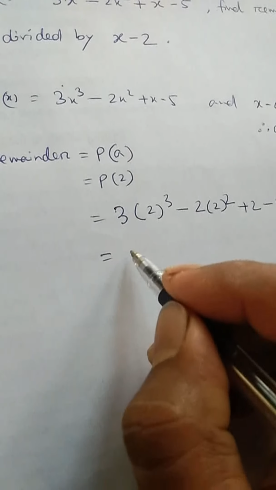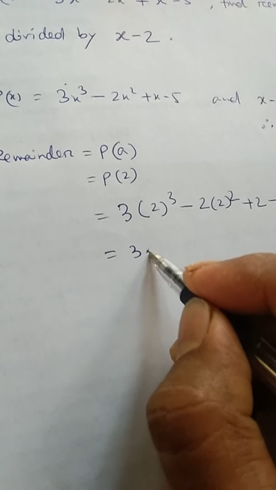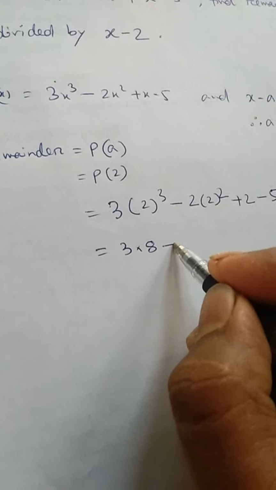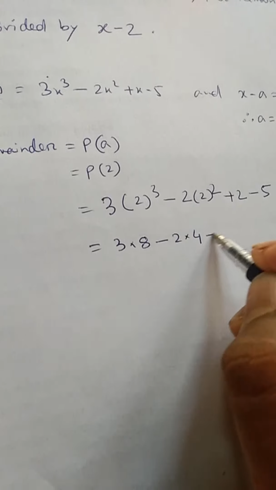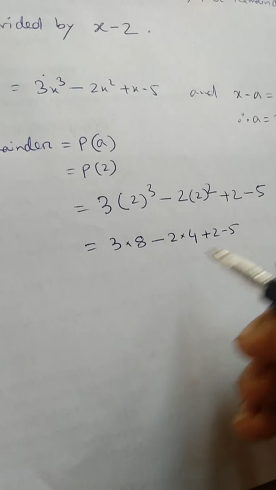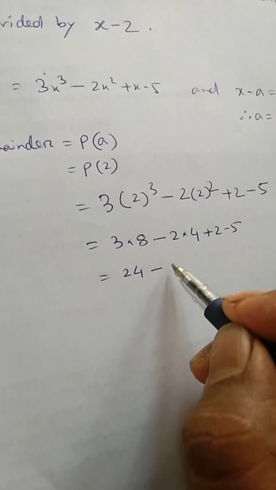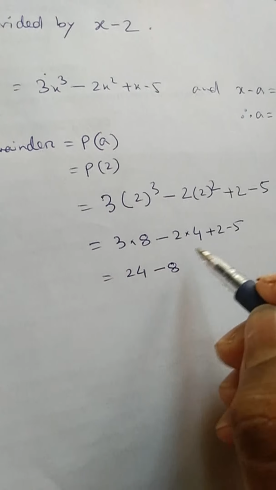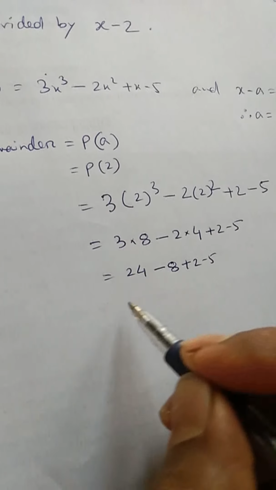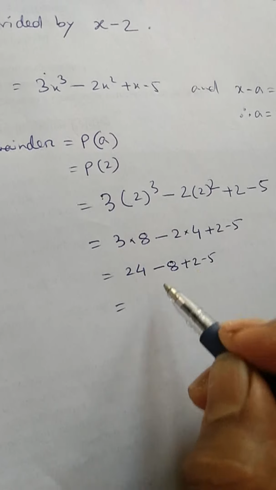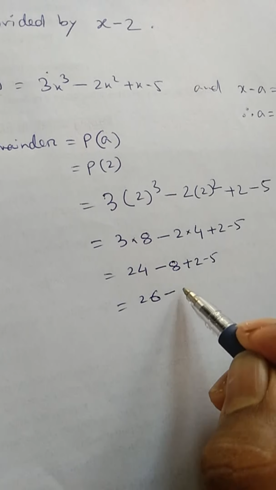Now we'll have to simplify. 3 into 2 cube is 8 minus 2 into 2 square is 4 plus 2 minus 5, then 24 minus 8 plus 2 minus 5. So 24 and plus 2 is 26 minus 8 minus 5, 13.